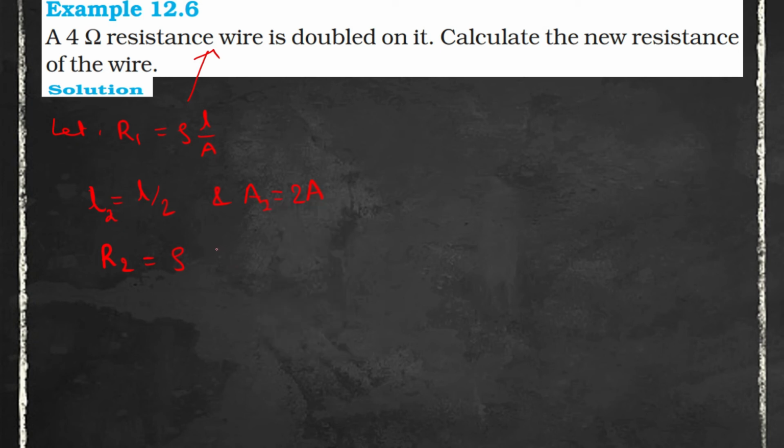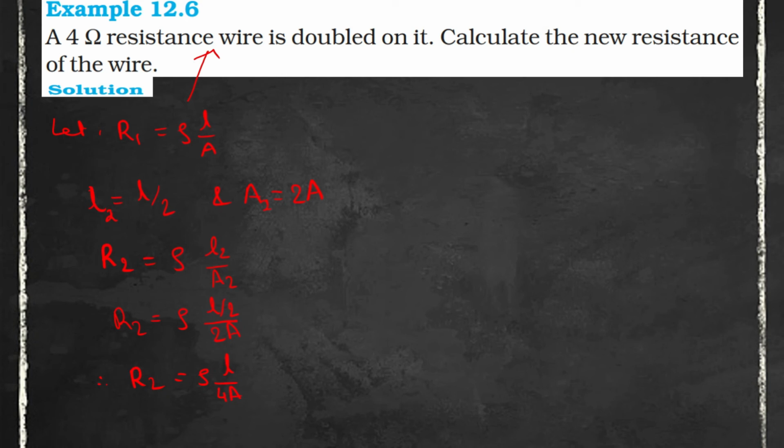So R2 will be rho L2 by A2, which we can also write as rho into L by 2 divided by 2A. So we can also write this as rho L by 4A.